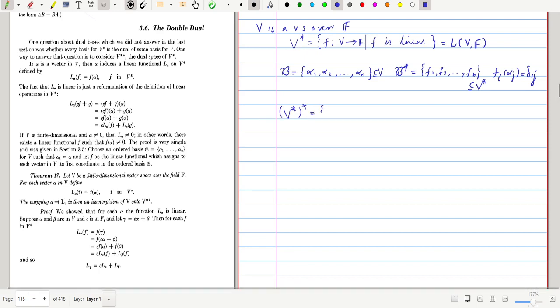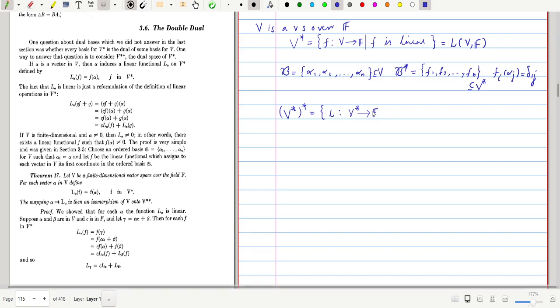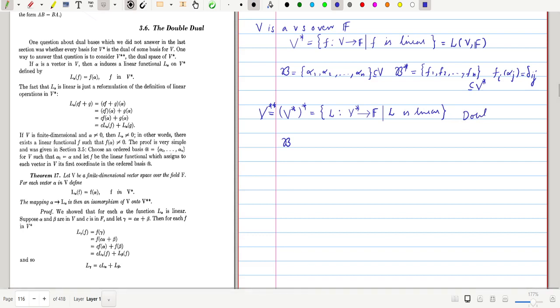This is defined to be the set of all linear functionals L from V star to the corresponding field F. Exactly in the same manner as we considered V star, L is a linear transformation from V star to F. We consider V double star, or the double dual of V.